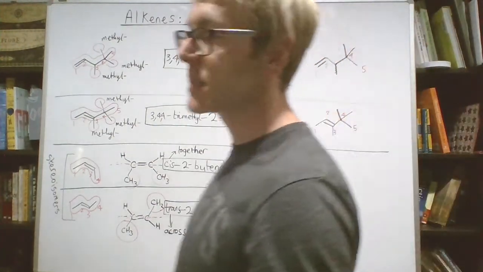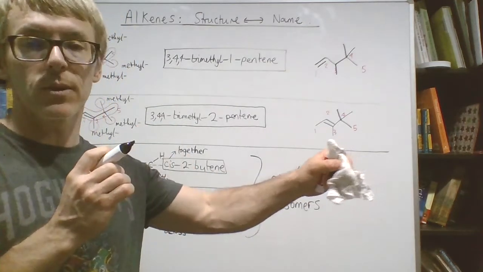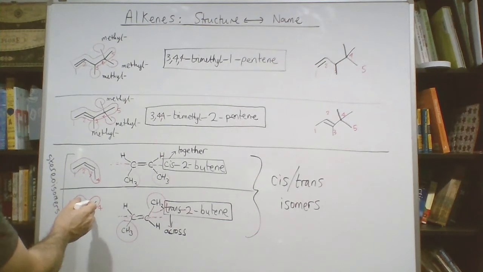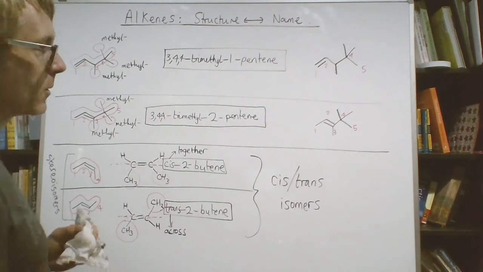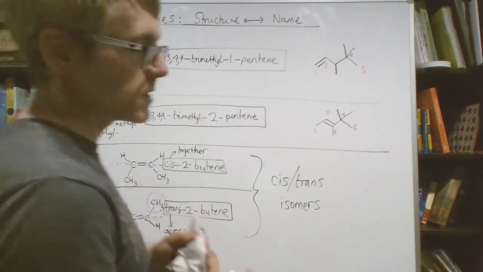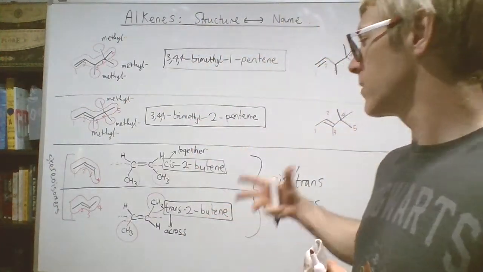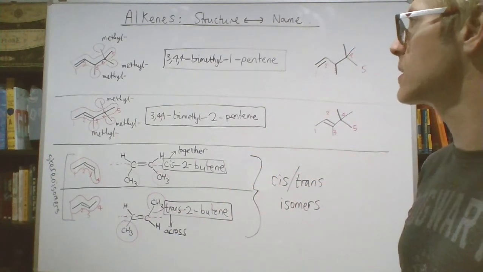You would never have a cis-trans isomer in an alkane, for example, because alkanes only have single bonds, which can twist. If this were a single bond, it would be exactly the same chemical. It's only because of the rigid nature of the double bond, the lack of twistability, that gives rise to this permanent difference in these molecules.